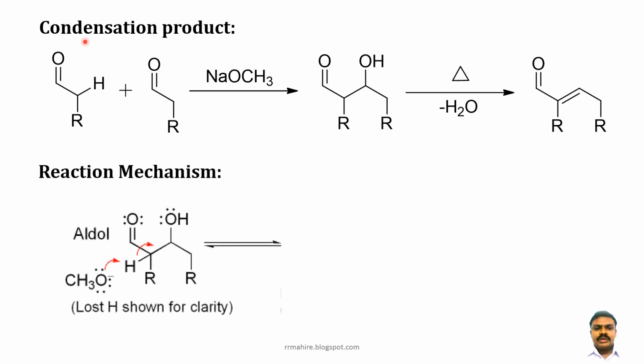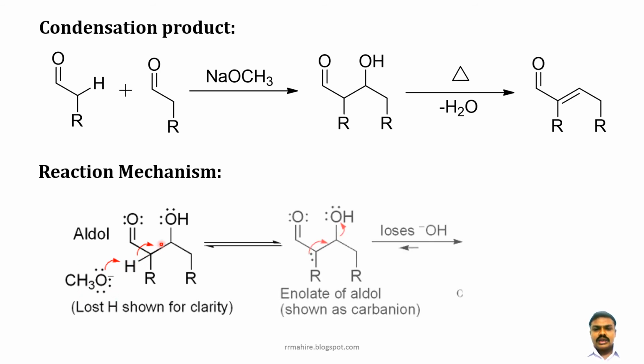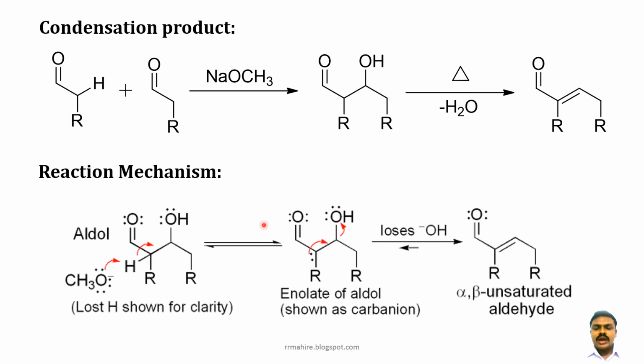See in the reaction mechanism, we know this is the aldol. In this aldol, the alpha hydrogen is abstracted by the base in such a way that the water molecule or the hydroxyl group can be removed, forming an alpha beta unsaturated aldehyde or carbonyl compound. So this is the condensation product, the alpha beta unsaturated aldehyde.